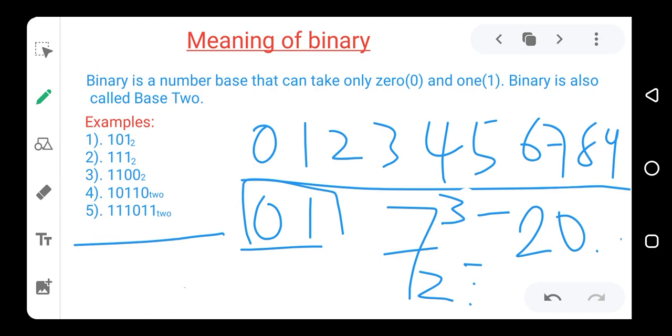For instance, these ones, 1 1 0, 1 0 1, you put the base under it. You write 2 under it, or you write TWO, that is, you write it in words or in figures, but put it as a base in the number.